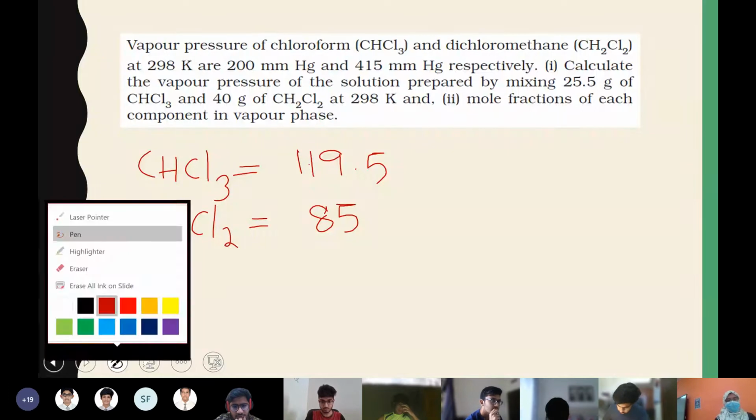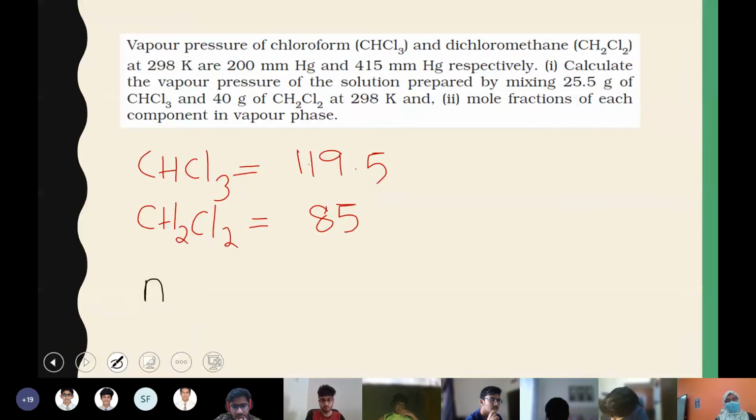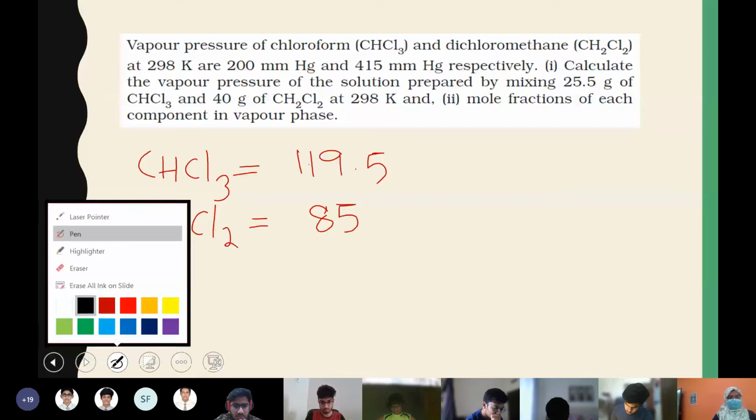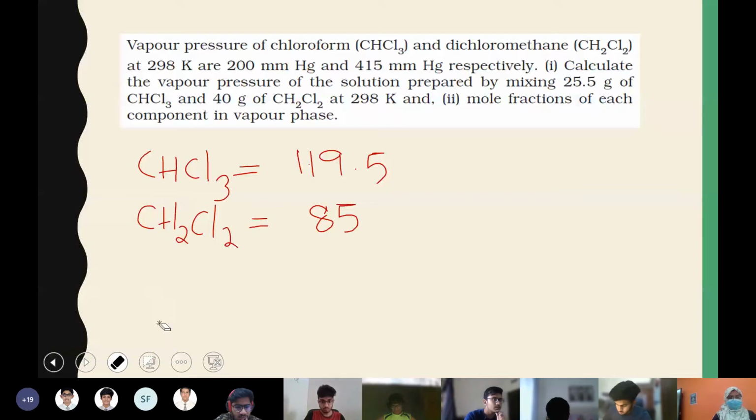Then the next step is to calculate the number of moles of chloroform and dichloromethane. Number of moles is equal to mass by molar mass. What is the mass of chloroform CHCl3 given in the question? 25.5 gram, right?